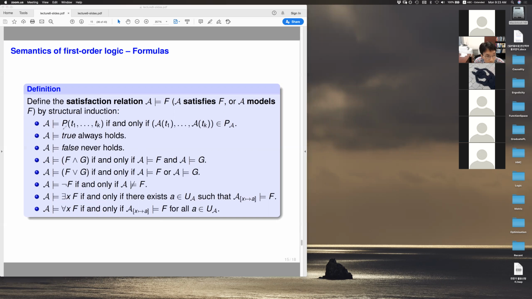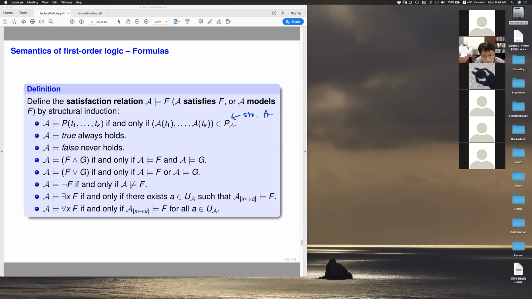So if our formula is just predicate P applied to terms t1 up to tk, this means t1 up to tk are related by predicate P. To interpret this, we look at the meaning of predicate symbol P in our structure. So this is coming from structure A. And then we make an inductive call to get a meaning for terms t1 up to tk. That's already done in the previous slide.